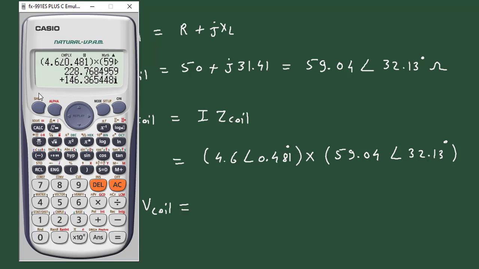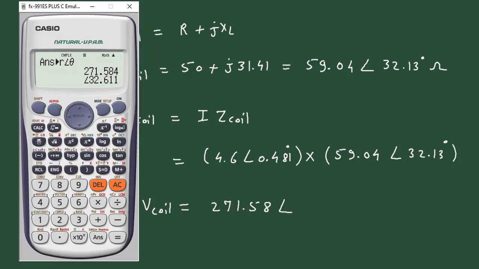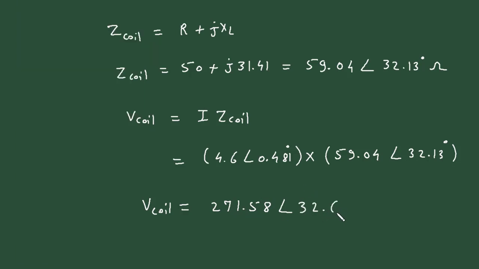So it is in rectangular form, in polar form, shift 2 3, it is 271.58 at an angle 32.61 degree. So this is the voltage across coil. Its unit will be volts.